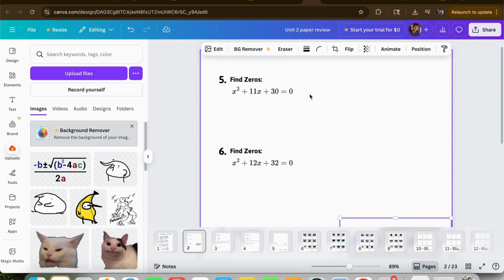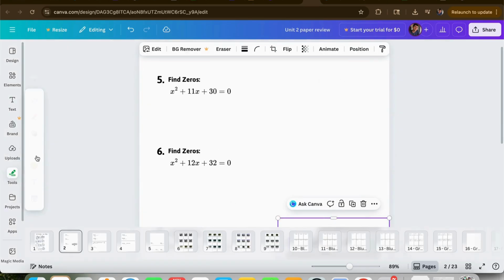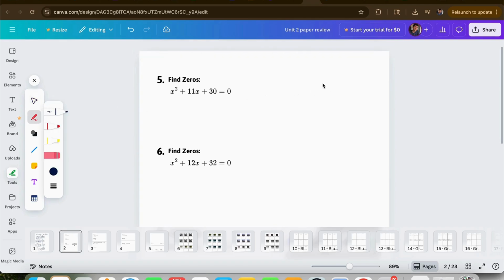All right, for these 2, same as the previous page, we are just going to draw our x, put the 30 here, the 11 here. What multiplies to 30 but adds to 11? Hopefully you can figure out that it's 5 and 6, both positive. And then we can put this into the factored form.